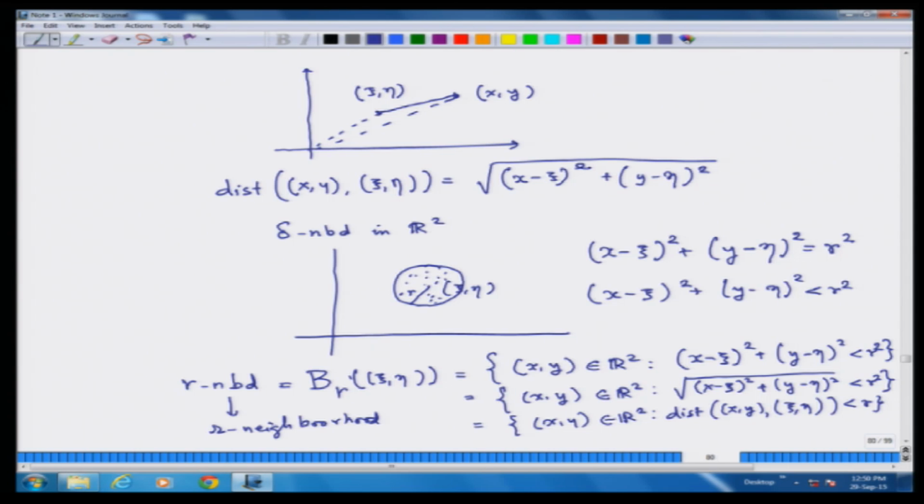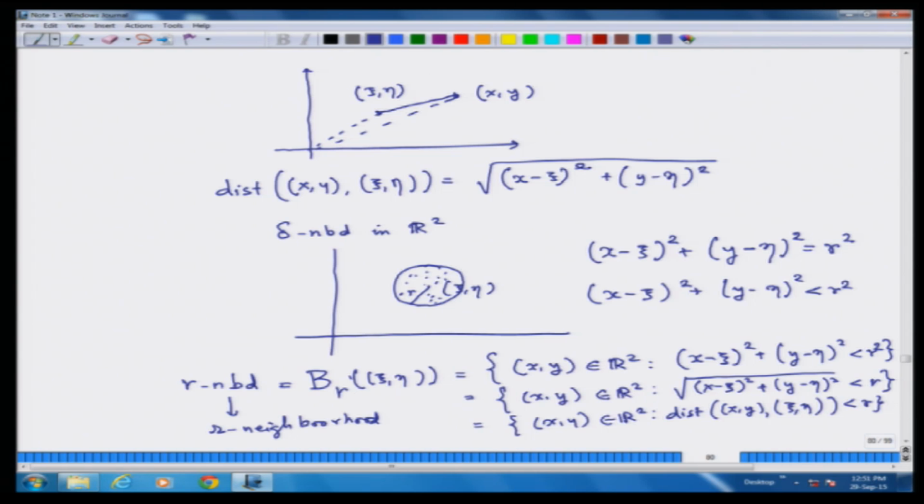Sorry, I just mentioned the delta neighborhood because I was talking about the real line a few minutes ago. If you take the root, this will become r, not r square, and this is the same as saying that the distance between these two points is strictly less than r. So, consider all (x, y) in R2 such that the distance between (x, y) and (xi, eta) must be strictly less than r. That is called a neighborhood.